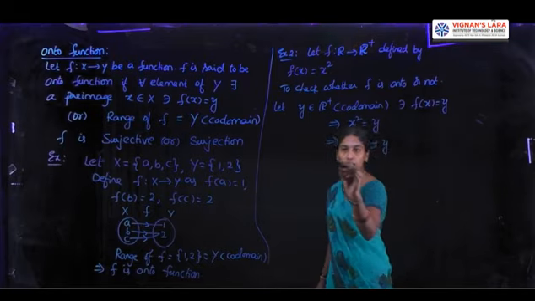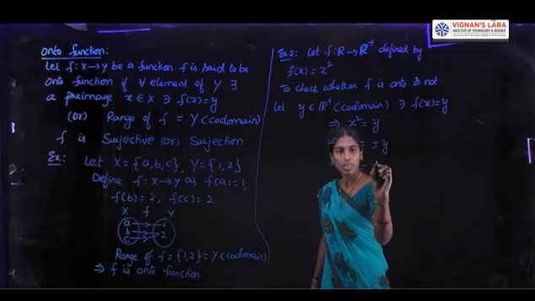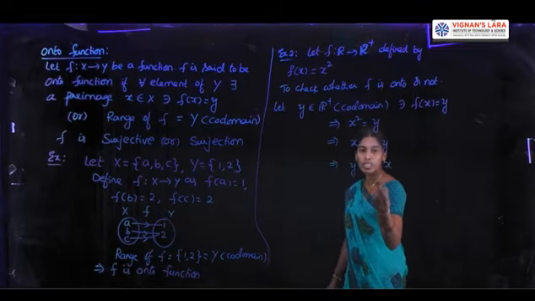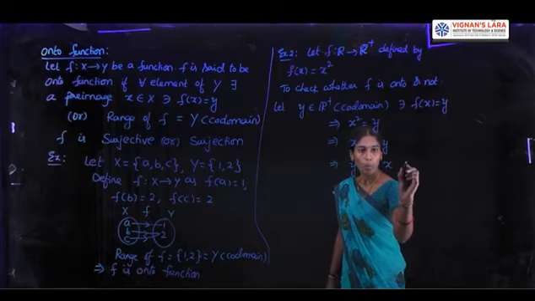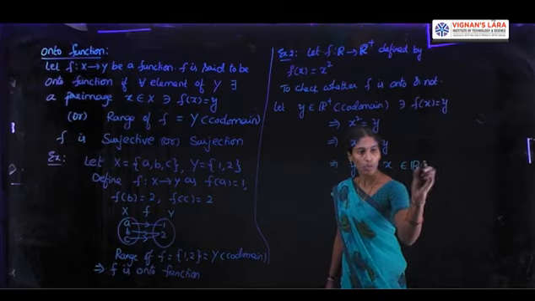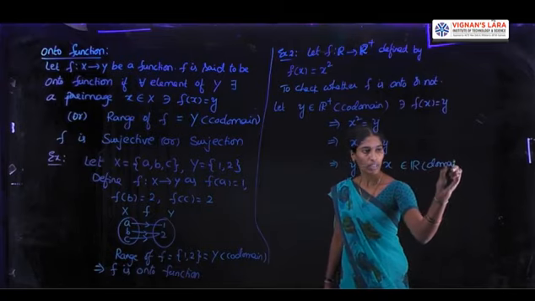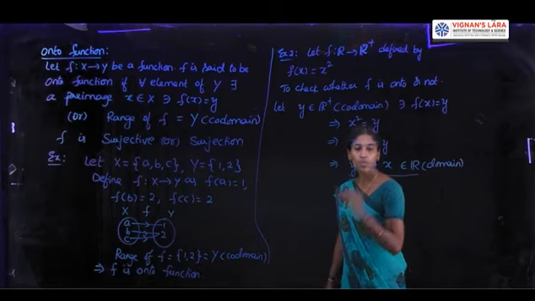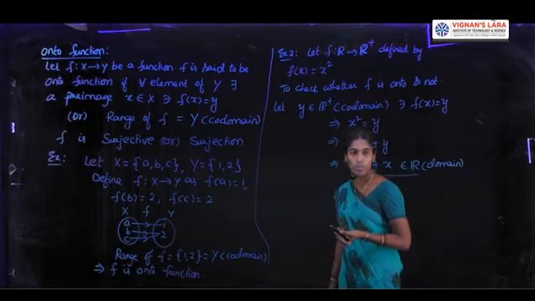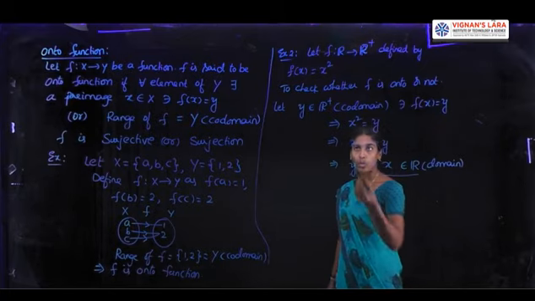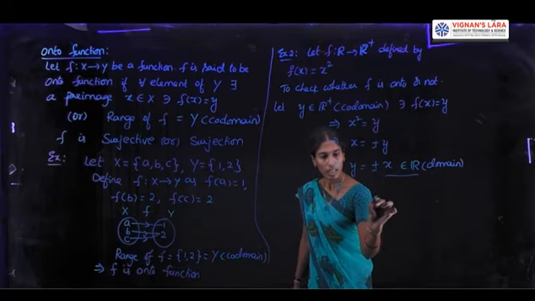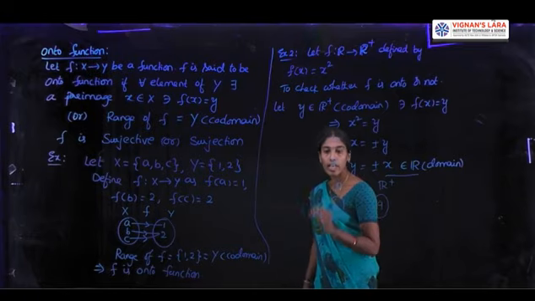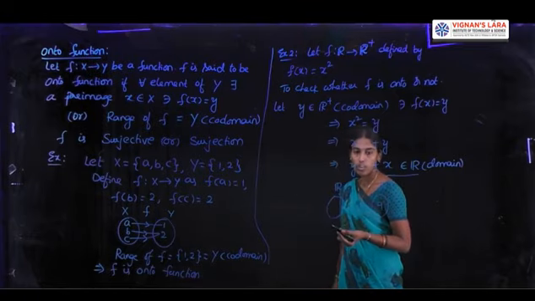Right? So what is the x value here? Plus or minus root y. Whether this plus or minus root y belongs to the domain or not. So plus or minus root y belongs to the domain R. If this element belongs to the domain, then f is onto, otherwise f is not onto. Suppose we see one example. In the set of positive real numbers R+, suppose we consider the element 9, clearly 9 is a positive real number.